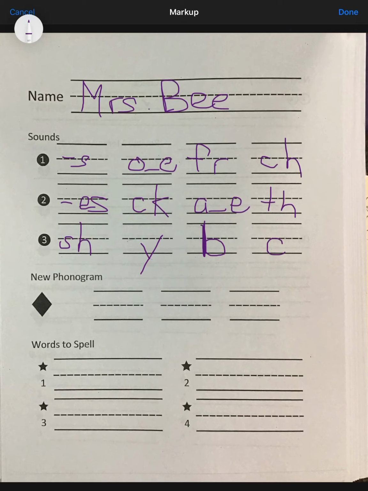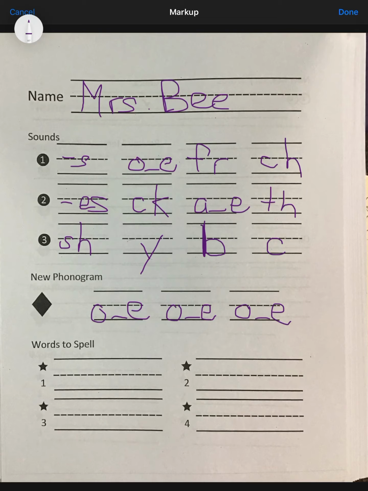Now remember our new sound from yesterday that Mrs. Whitaker gave us. What was it? I hope all of you just said, oh, magic E. Oh, magic E says O.